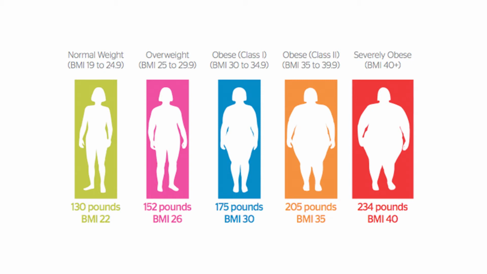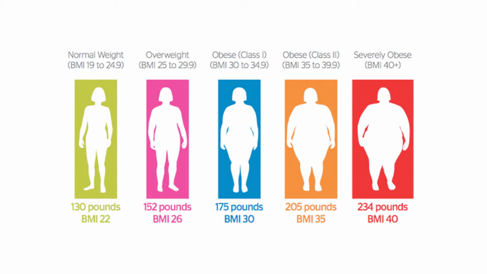If you use a 5-foot, 4-inch woman as an example, at about 130 pounds, her BMI would be calculated at 22, and this puts her in a normal weight range. If she gains just 20 pounds, her BMI becomes 26, and she's classified as overweight.